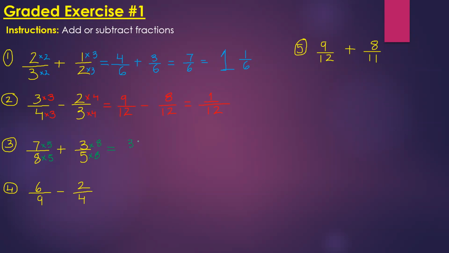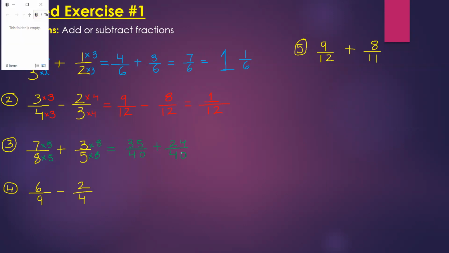You add 35 plus 24, which gives you 59 over 40. That's not a mixed number. It's called an improper fraction. So you have to divide by 40.